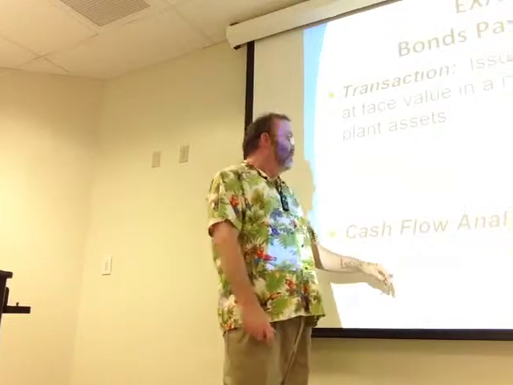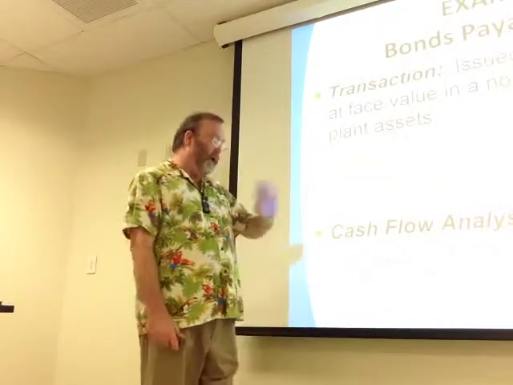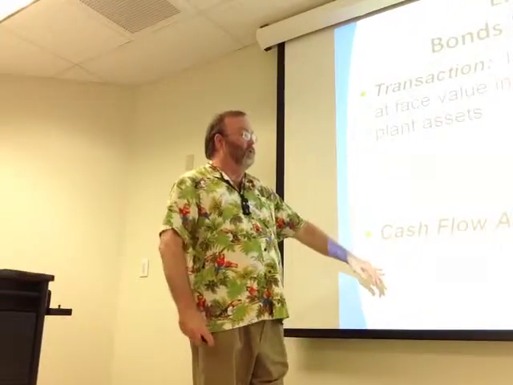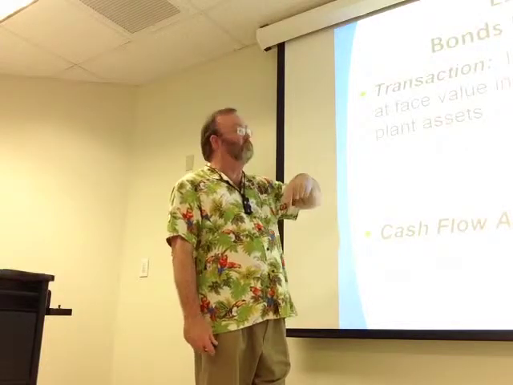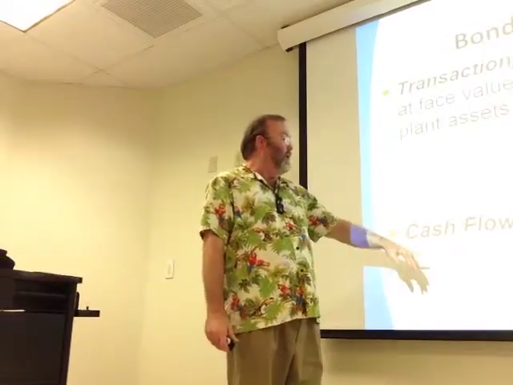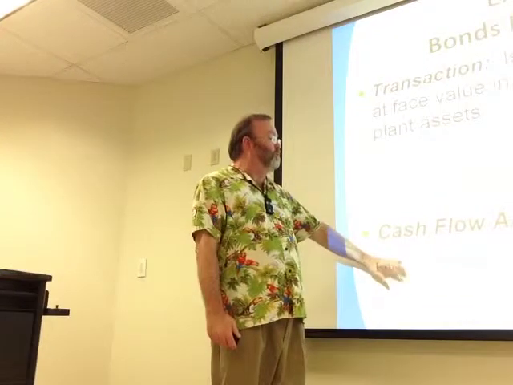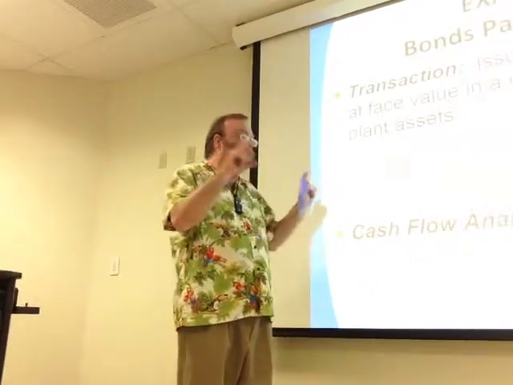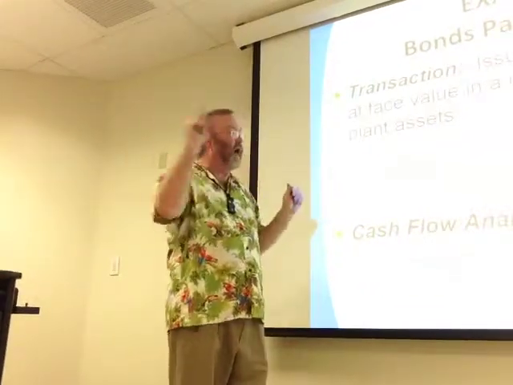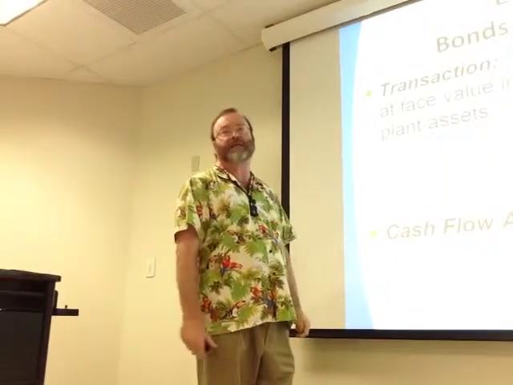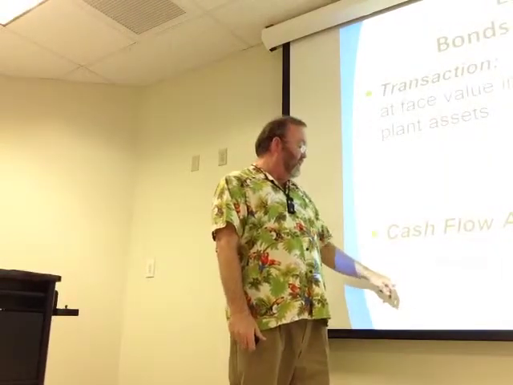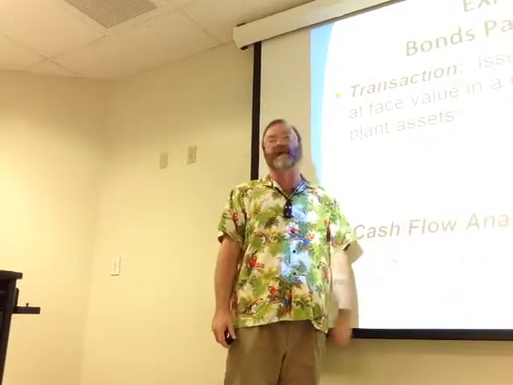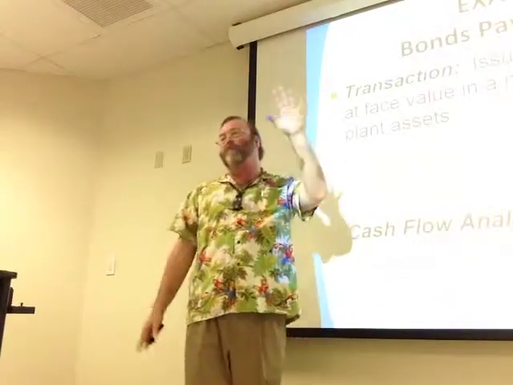Now this is where I'll differ from you, and the way I'll solve it next Monday and Wednesday. They put down at the bottom, kind of a footnote, a schedule of non-cash investing and financing activities, and say issue of bonds payable for plant assets. I don't. I break it up.